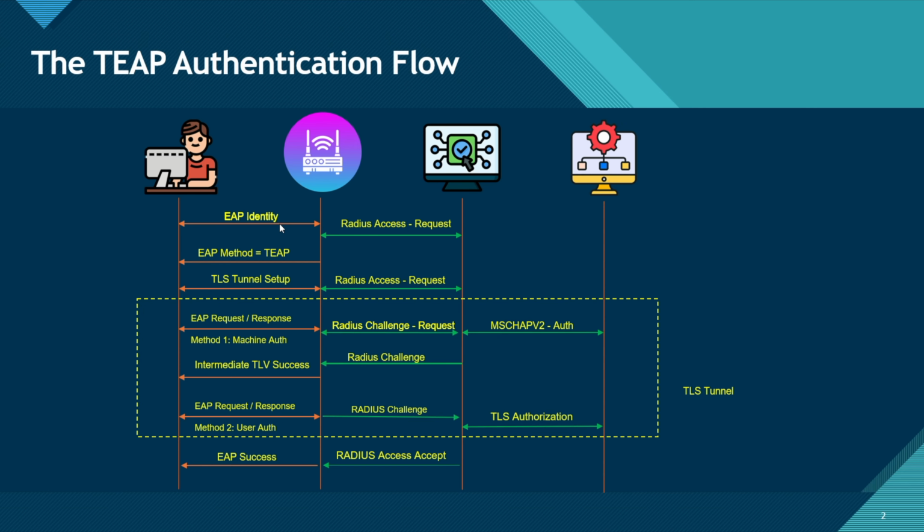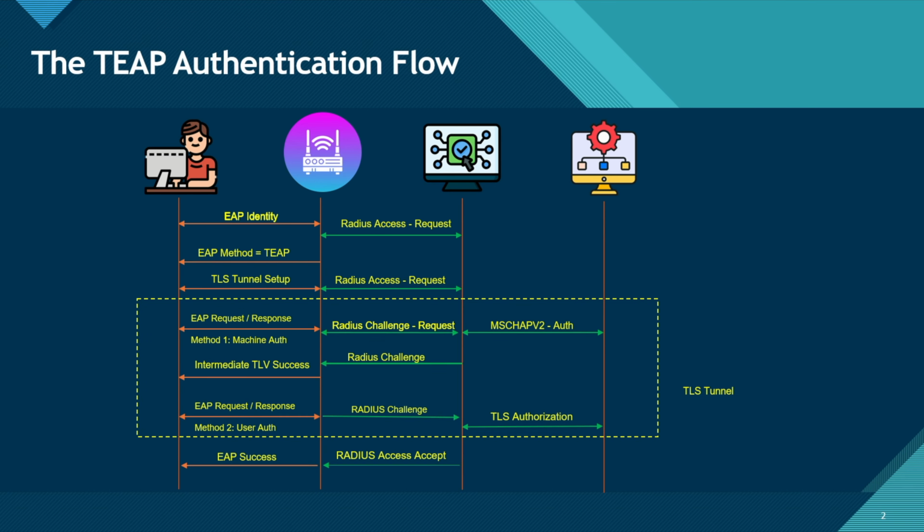This goes to the AP or controller, which wraps it in a RADIUS access request and forwards it to ClearPass. In step 2, ClearPass negotiates the TLS tunnel setup. This is the phase 1 I mentioned. The anonymous identity, TEAP version, and EAP method are agreed here.